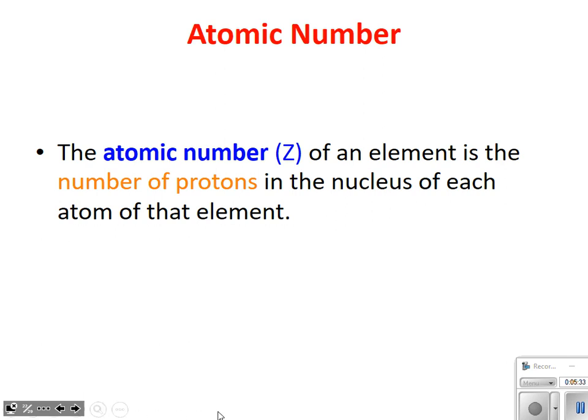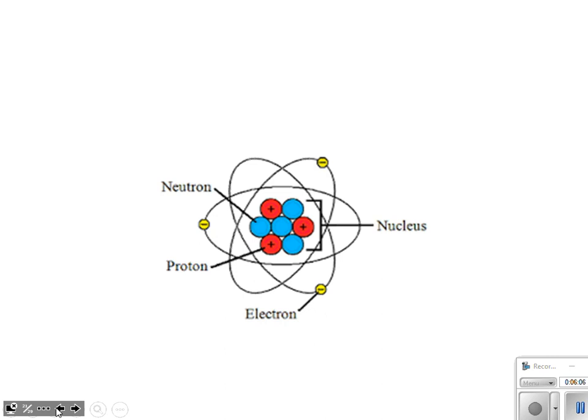The atomic number, which we represent with the letter Z, of an element is the number of protons in the nucleus of each atom of that element. So if we go back to the diagram that I just showed you, the atomic number is the number of protons. How many protons do I have here? 3 protons, right?